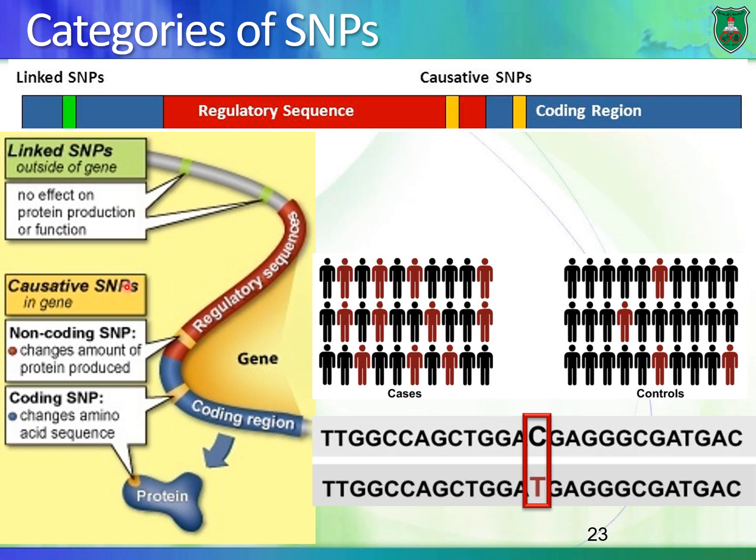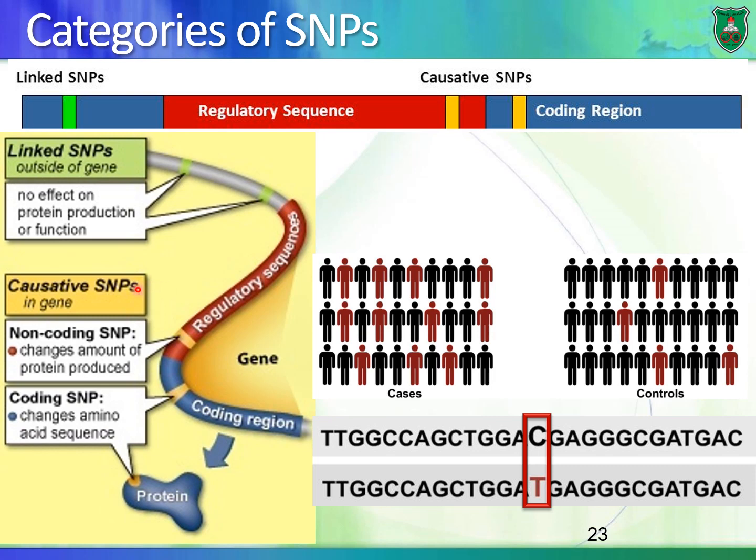So this is a variation. Now, this variation can be relevant because of their need of different doses of medications. So that's what we mean by it causes a phenotype. So that's a causative SNP. Now, it's not a major thing. It's not a mutation that causes a disease. Rather, it causes a certain phenotype.